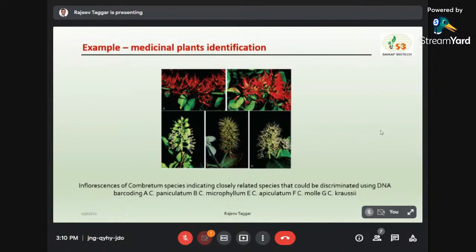For plants, you can look at the floral structures and leaves, but what do you look at for bacteria or fungi? It's very difficult. There, DNA barcoding is all the more successful, and the success rate is anywhere between 95 and 100%. So DNA barcoding is even more successful in microorganisms and in animals.